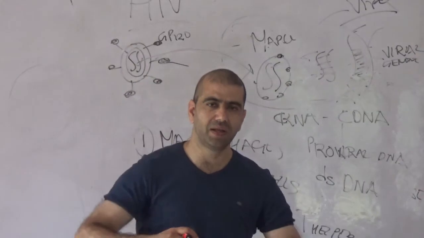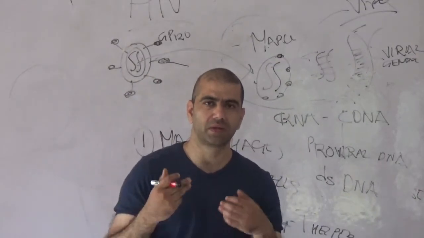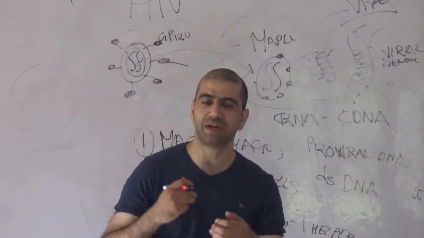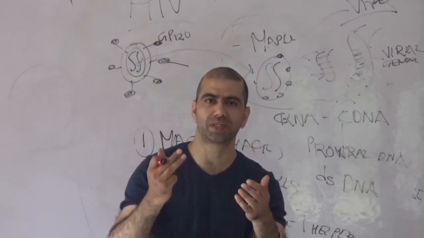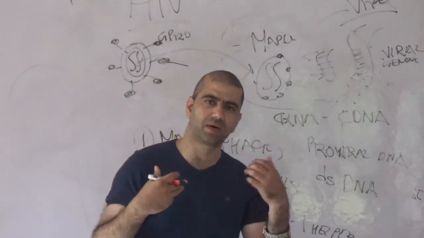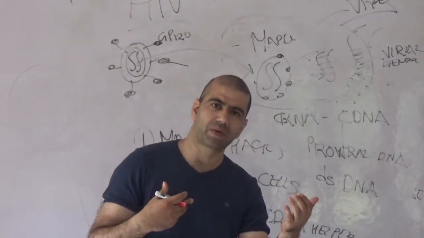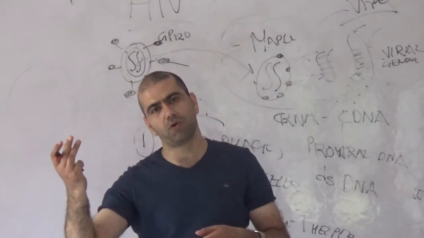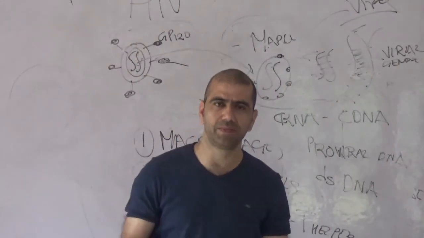As such, it will destroy the macrophages, the dendritic cells, and in most cases the CD4 T helper cells. So when the immune response is not there, neither the innate immune response, it will also destroy the acquired immune response.